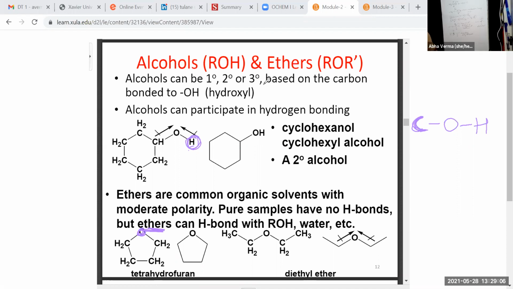So this is the carbon to which your oxygen will be attached, and then there will be a hydrogen. On the other hand, when you look at ethers, you will see that the oxygen is sandwiched between two carbons. So this hydrogen is missing in the ethers.